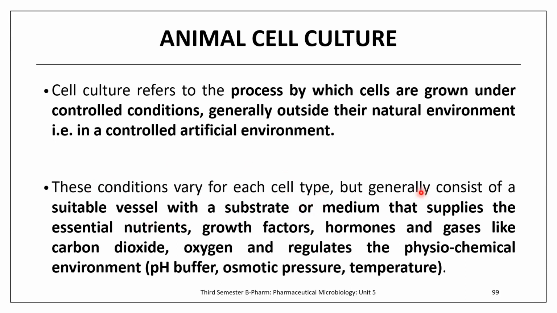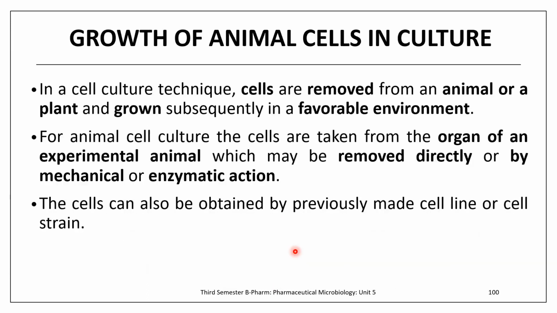We need media that supply essential nutrients like growth factors, hormones, and gases like carbon dioxide and oxygen. We also have to control physicochemical characteristics like pH, osmotic pressure and temperature. So these are the requirements of animal cell culture.